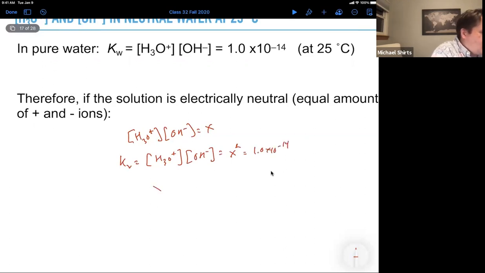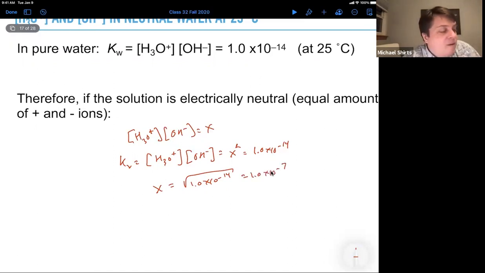So x is going to be the square root of 1.0 times 10 to the minus 14. And taking square roots of things with exponents is easy. You just divide the exponent by 2. So this is 1.0 times 10 to the minus 7. So the concentration of both hydroxide and hydronium in pure water is about 1.0 times 10 to the minus 7th molar.